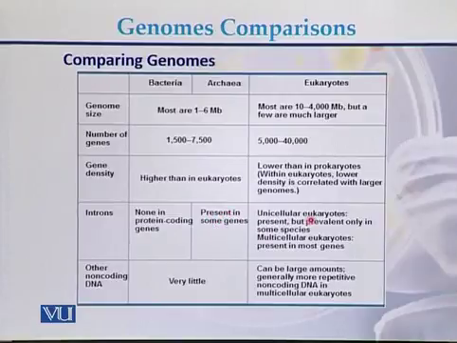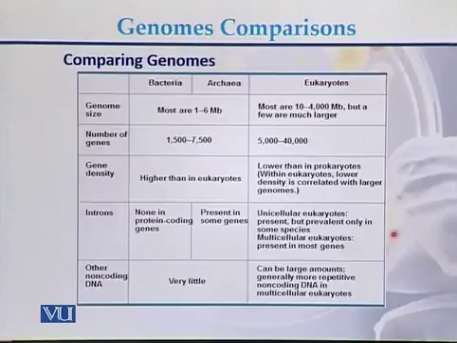In eukaryotes, introns are present in some unicellular species, while in multicellular eukaryotes they are usually present within the genes. Other non-coding DNA is very little in prokaryotes, while a large amount of repetitive and non-coding DNA is present in multicellular eukaryotes.